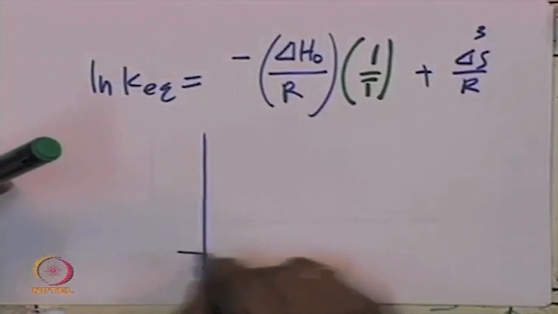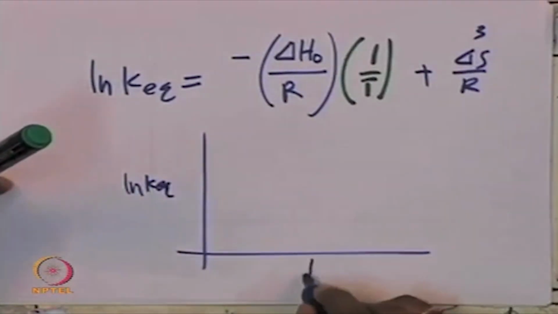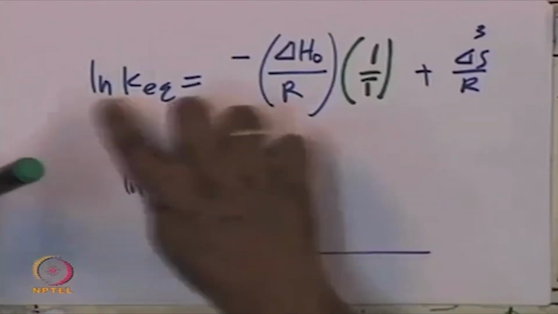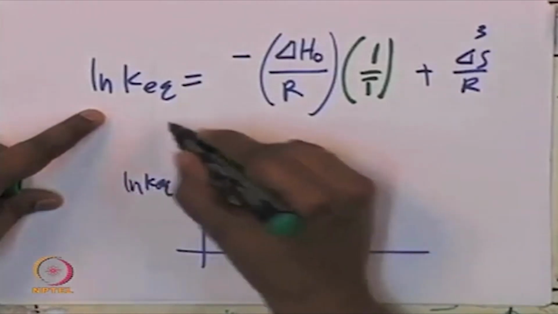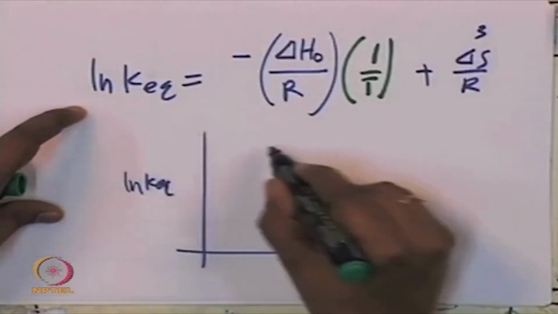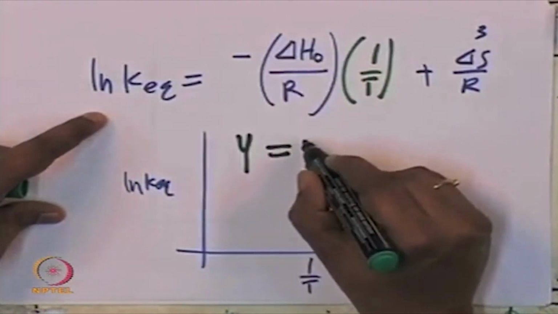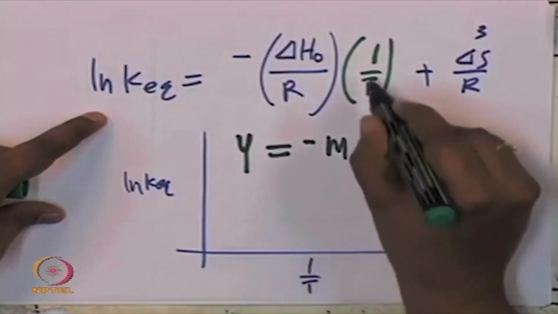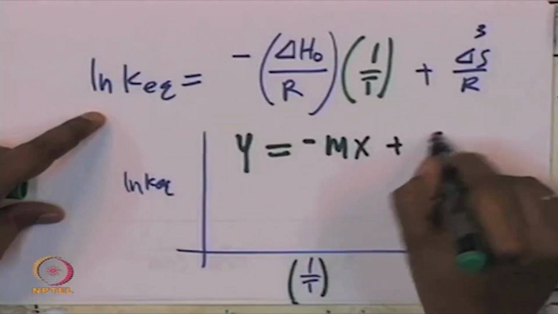Now, ln k equilibrium versus 1 over T. If you look at this equation, this is the y. So, this equation looks like y is equal to minus some constant m, times 1 over T, which is your x axis, so this is x, plus some other constant c.